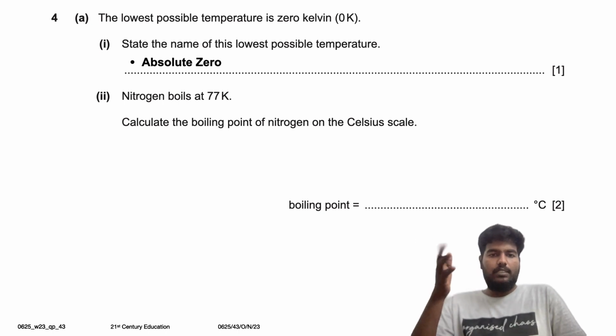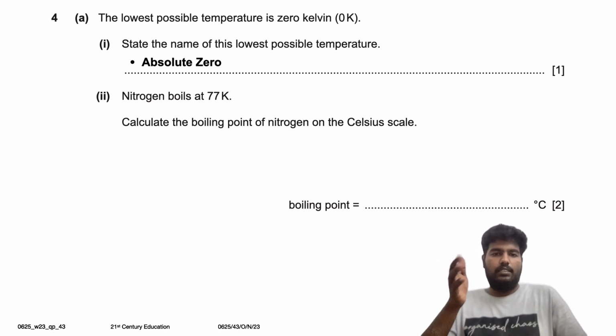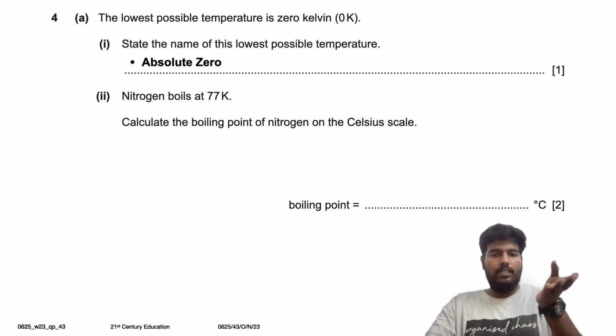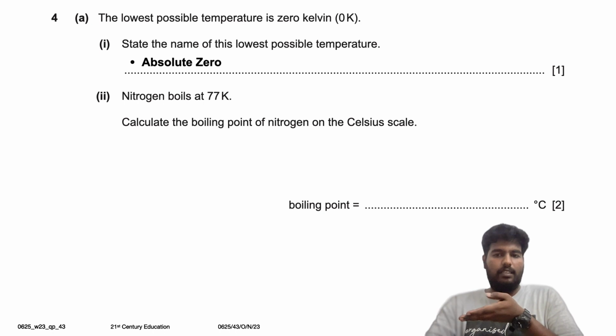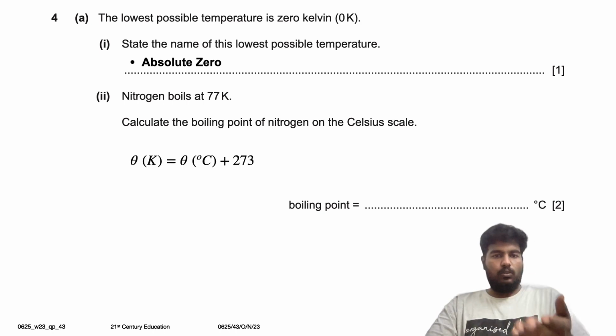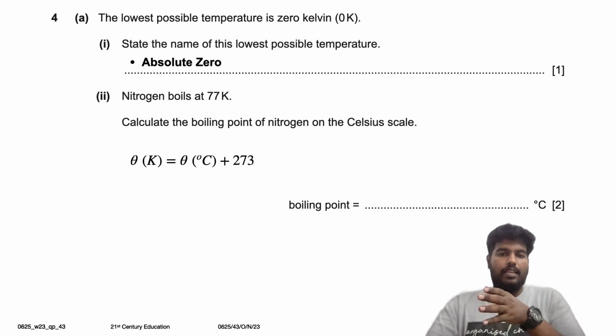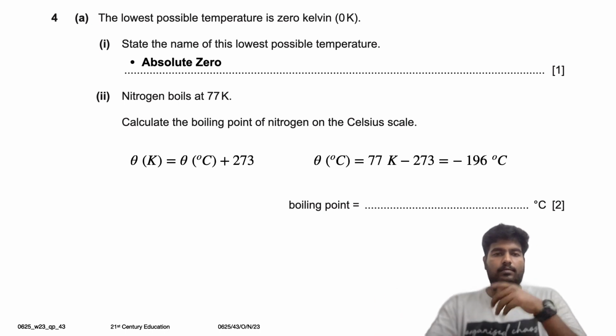So how to convert Kelvin into Celsius? We know the formula: Kelvin is degree Celsius plus 273. Now it's given in Kelvin, so if you want to convert, degree Celsius is Kelvin minus 273. Kelvin is given as 77, so in degree Celsius, 77 minus 273 is minus 196 degrees Celsius.